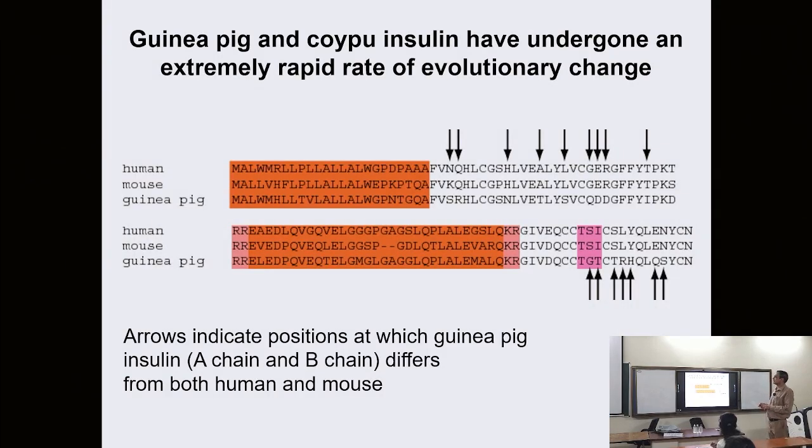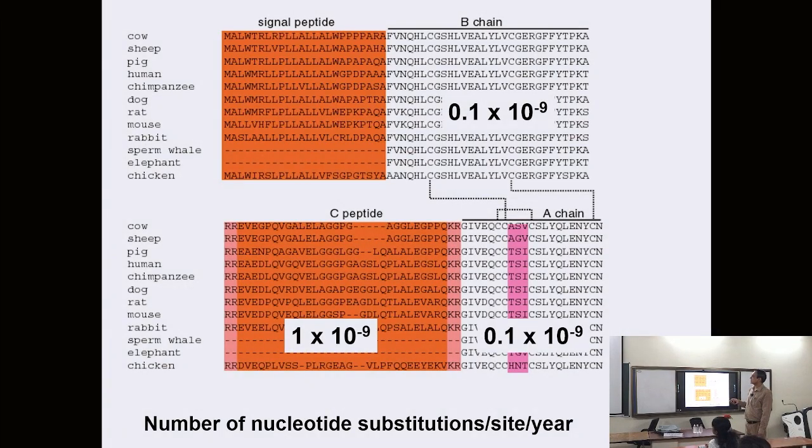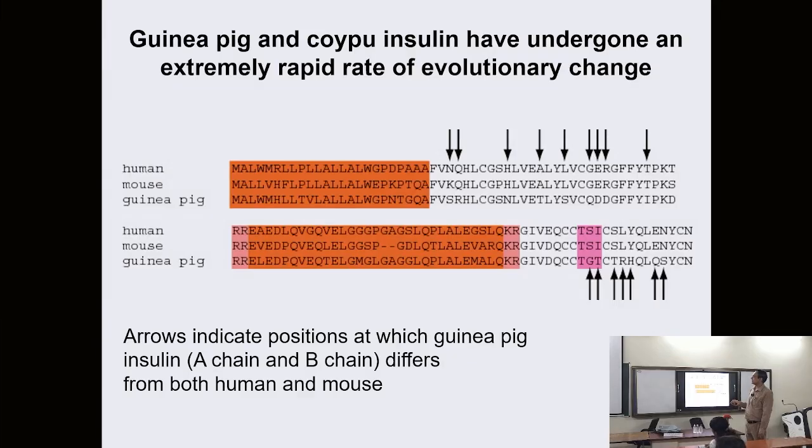You can take a look at the evolution of the insulins of human, mouse, and guinea pig, and the changes are indicated by these vertical arrows. Wherever changes are observed in guinea pig relative to human and mouse, there are several positions where substitutions have happened. Again, this is the signal peptide, C peptide, B chain, A chain.